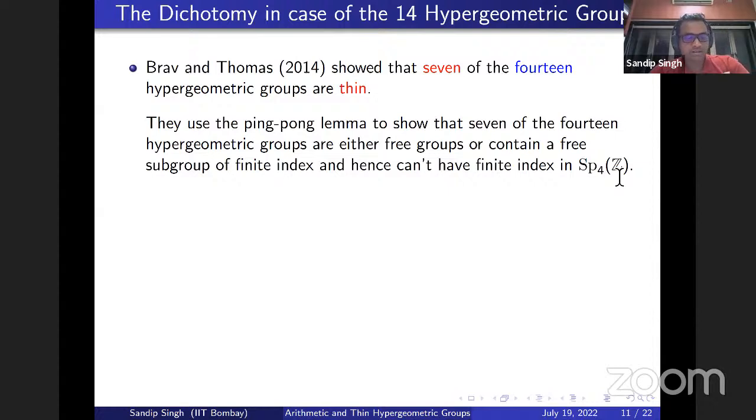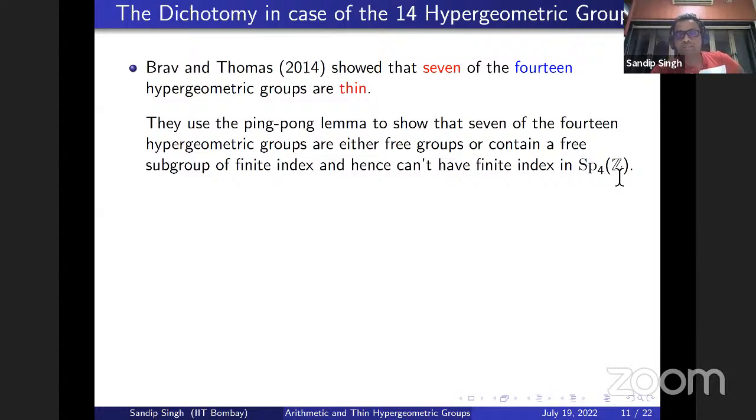This is also a general result: if you consider any finite index subgroup of SP4Z, then the cohomological dimension of that subgroup is also 2. But free groups have cohomological dimension 1. So as soon as you get that some hypergeometric subgroup of SP4Z is free, it can never have finite index.